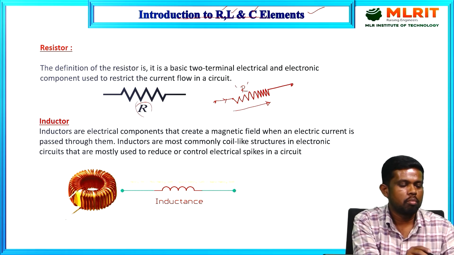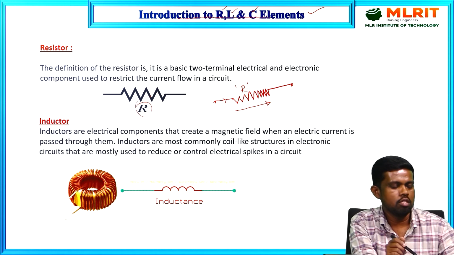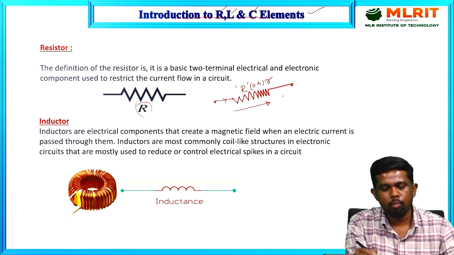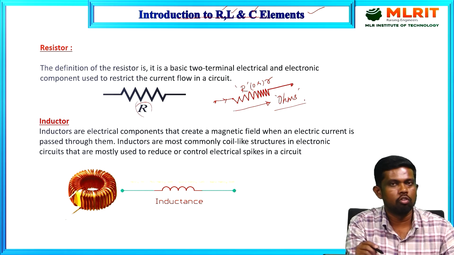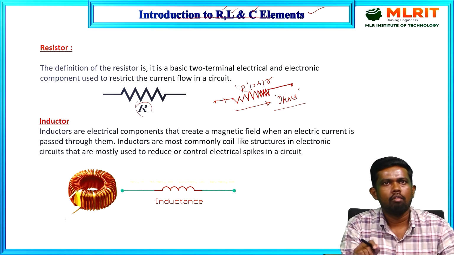Resistance is a property of the resistor. It is denoted by capital R, or sometimes small r, and measured in ohms. This is the fundamental element in the electric circuit. It is the physical property of the material that offers opposition to the flow of electrons.